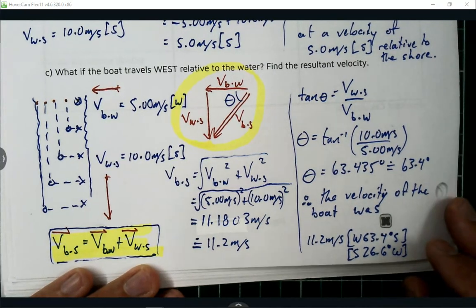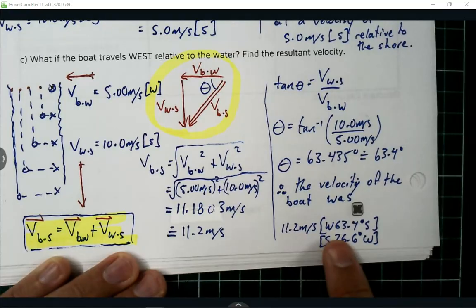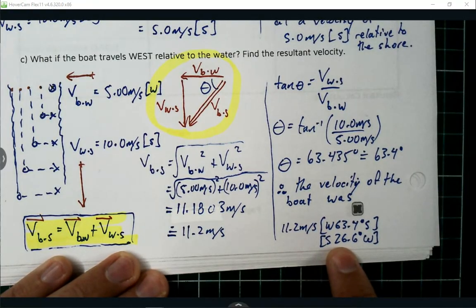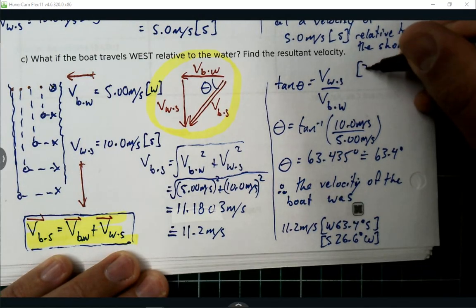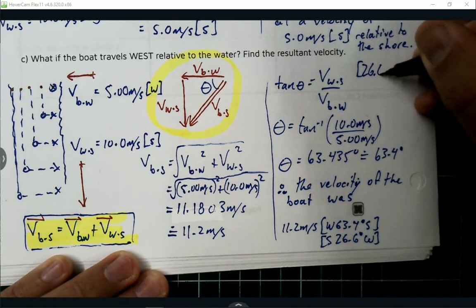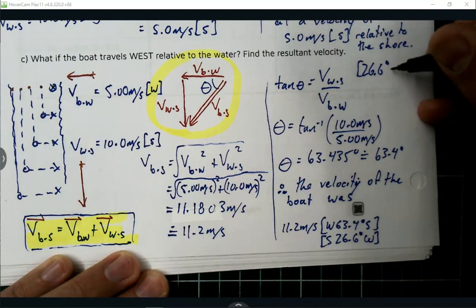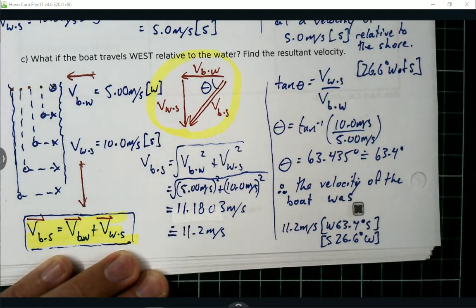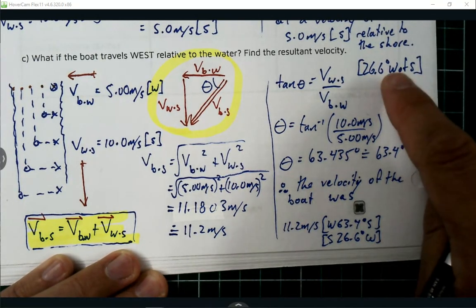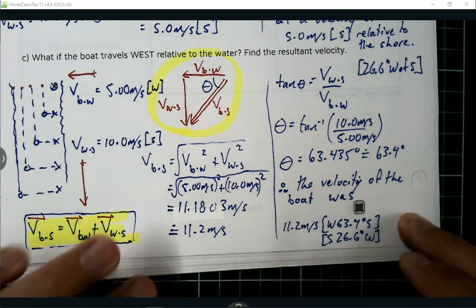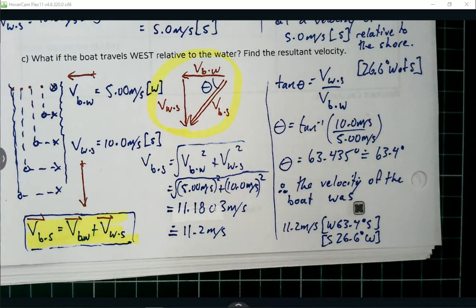Now there are also textbooks, and you'll see them out there, that would say, instead of south 26.6 degrees west, they'll say something like this, 26.6 degrees west of south. That's another way of saying the exact same thing. And so I'm building this into the note right now because there's going to be people that are looking at other resources.